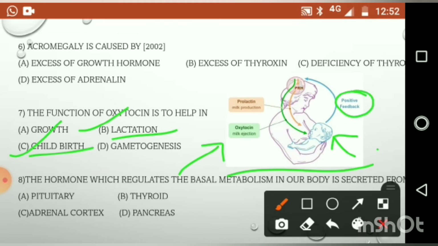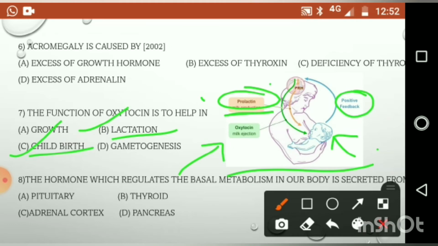This induces a positive feedback, and as a result, first the prolactin hormone will be released. Sorry, prolactin is the milk producing hormone. Oxytocin is the milk ejection hormone.